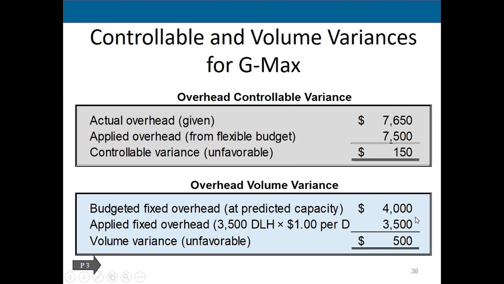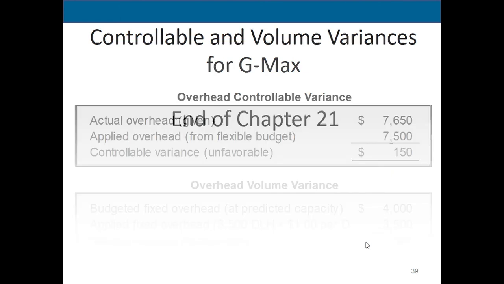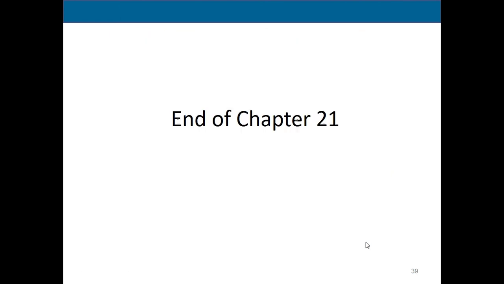That means we have 500 underapplied in our overhead account that we just now have to eat and push off. If you remember how that works back a few chapters ago, right? If you want this to be favorable, then we need to run at predicted capacity. That is the end of chapter 21.